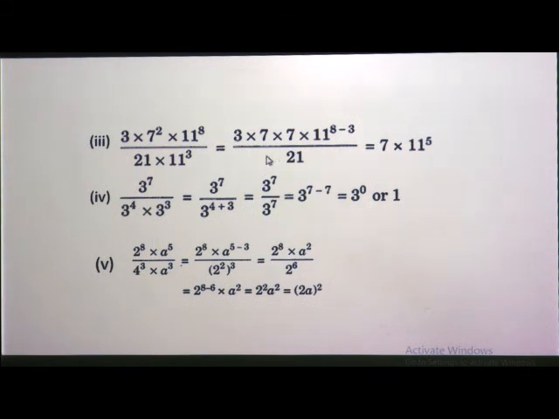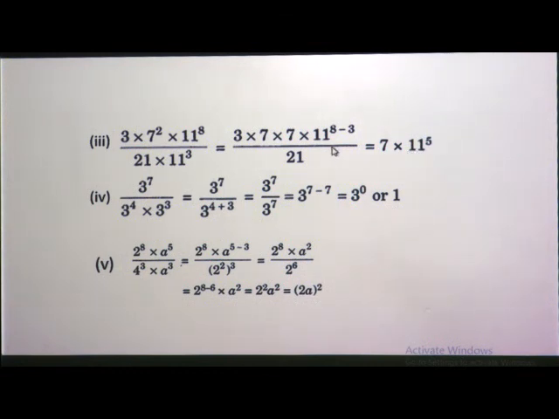I have told you many times, when it is in the form of a fraction, in the numerator and the denominator, if it is possible to simplify, we have to simplify and reduce it. So, what will be left here? 7 into 11, 8 minus 3 is 5, the fifth power of 11, we can say 11 raised to the power of 5.